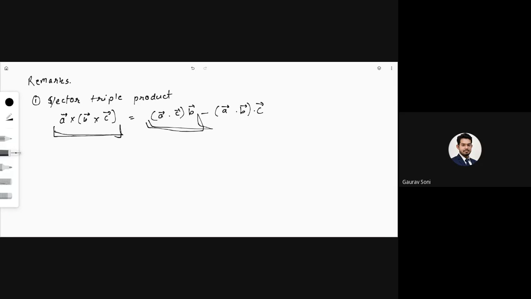From the formula, can you give a reason why you can say 100% it is a vector or 100% it is a scalar? Use either the left hand side or the right hand side, make some conclusion and tell me why. Sir, the cross product is only used for vectors, not for scalars. So it is definitely a vector.